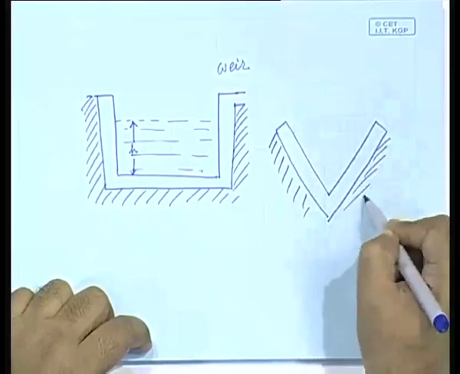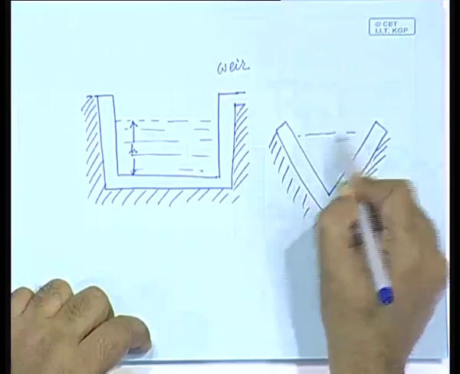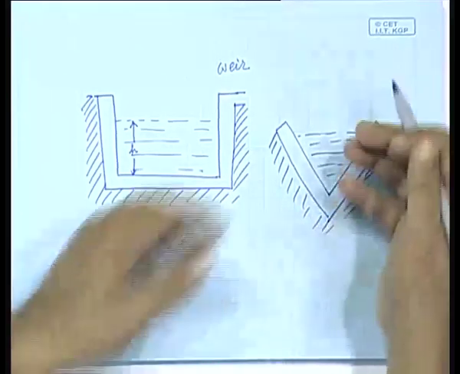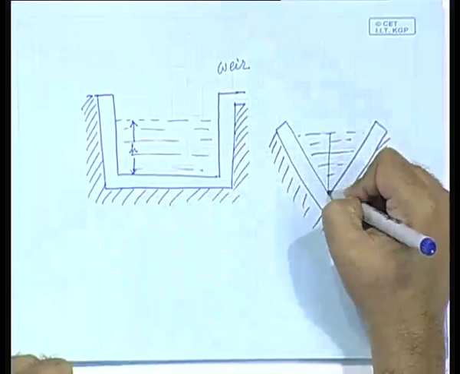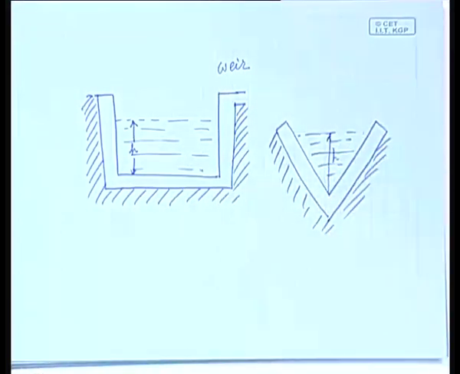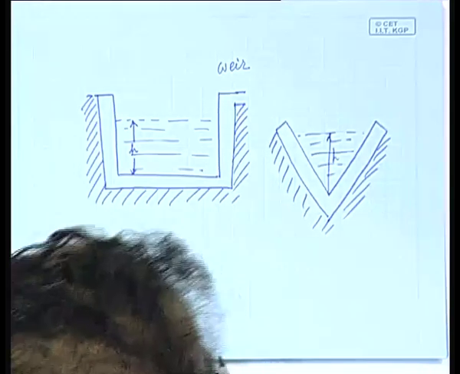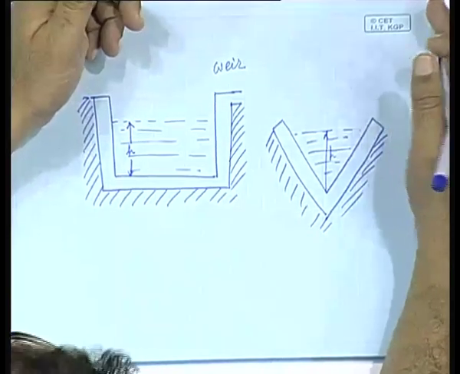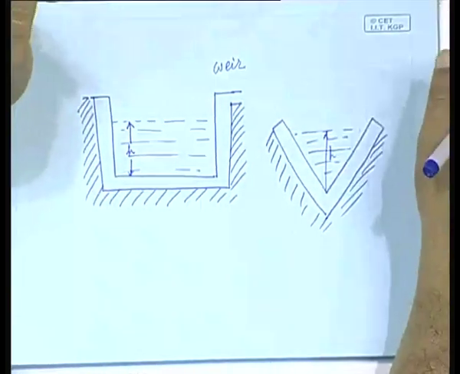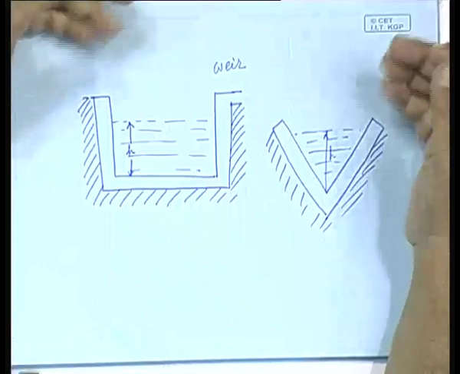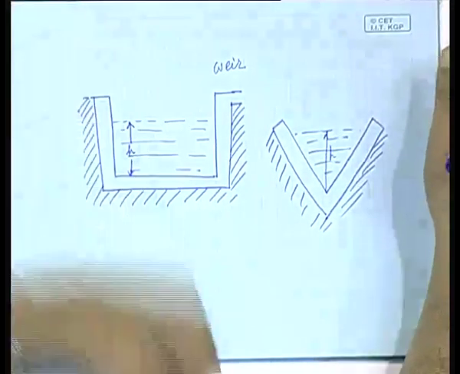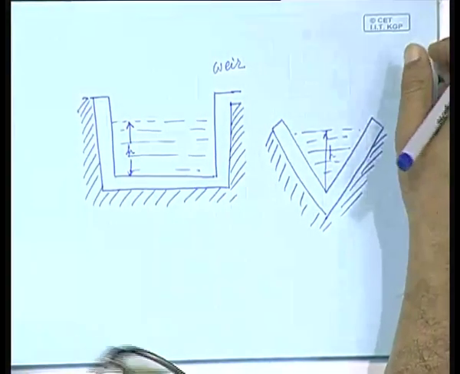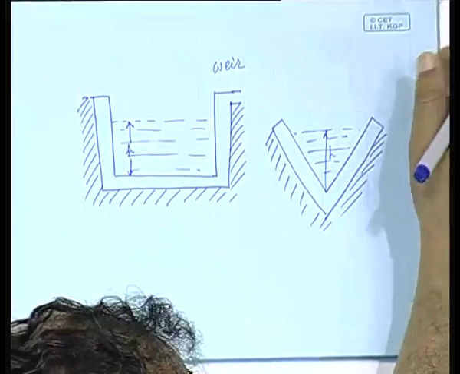But in both cases you can derive a relationship so that the flow rate will depend on this height. In civil engineering and mechanical engineering, these relationships are easily available in books. So flows through weirs are a very convenient way of measuring the flow rate of a river or a stream.